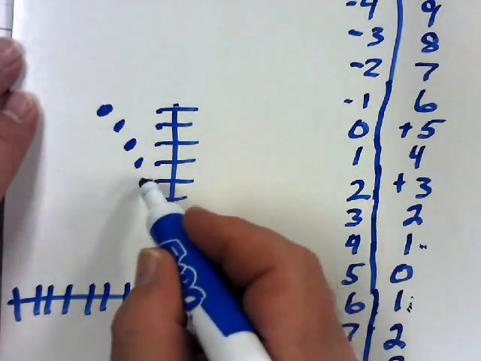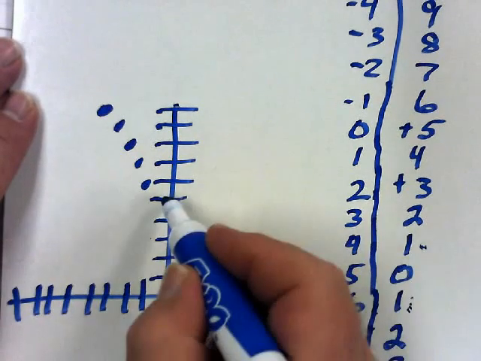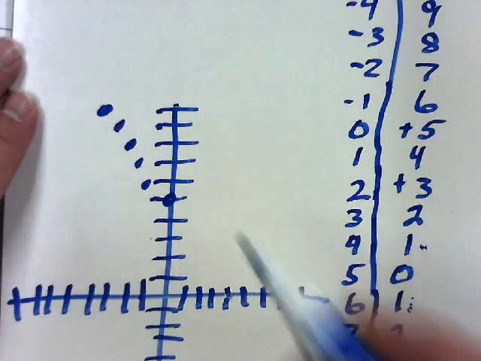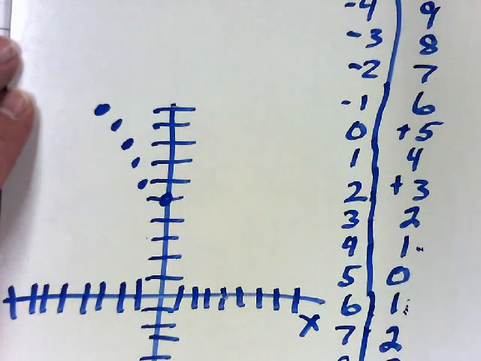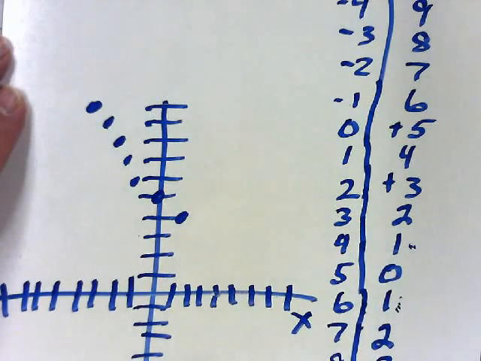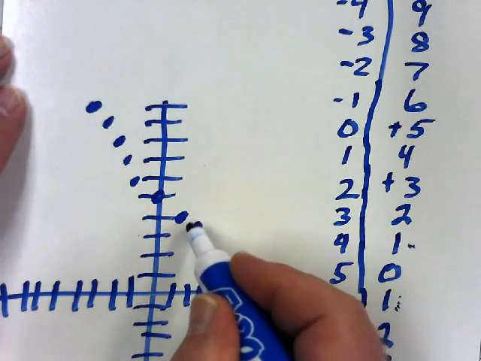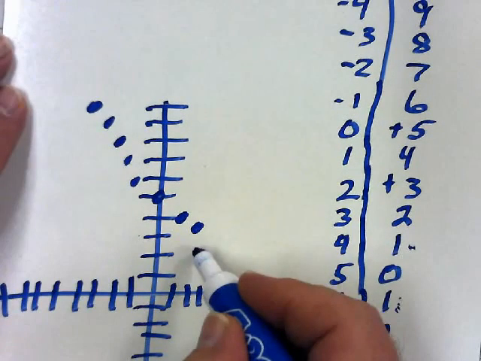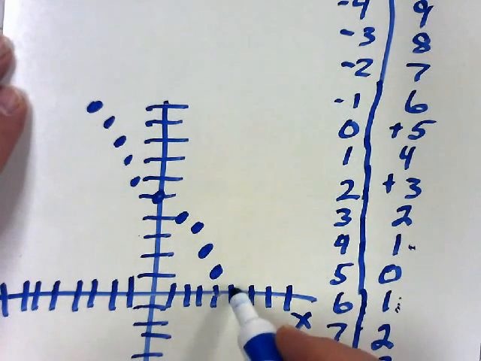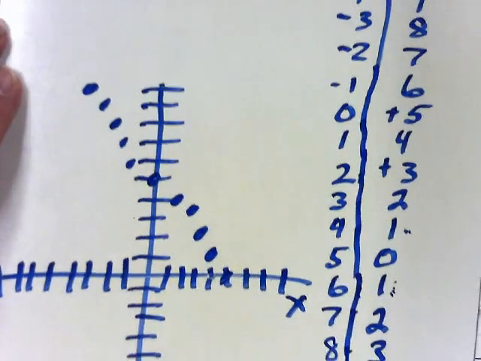So far so good? 1 and 4, 2 and 3, 3 and 2, 4 and 1, 5 and 0, 6 and 1, 7 and 2, 8 and 3.